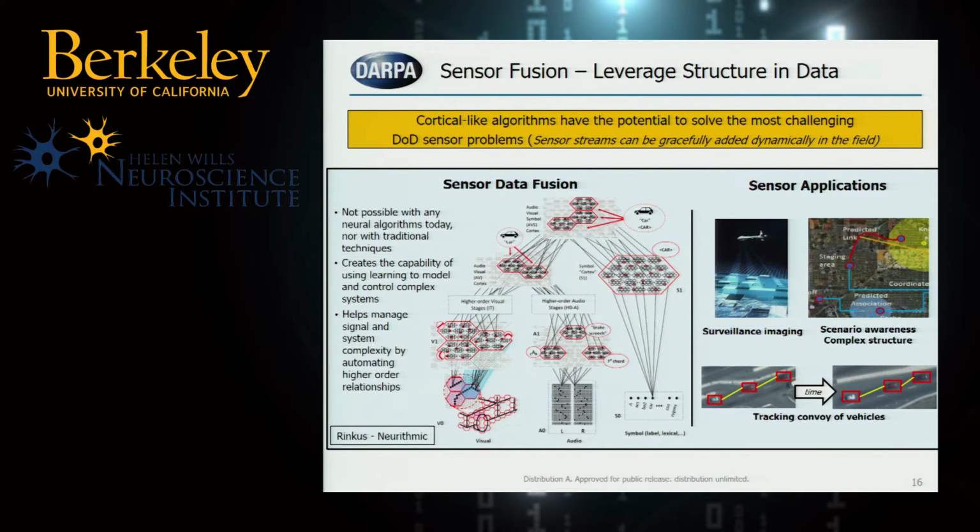It's drawn some tracks, and the notion there is that besides understanding the tracks, you start to see scenarios. You see tracks that coordinate with each other, tracks that are involved in larger scenarios, and the ability to recognize those is beyond our capability today, but it's the kind of thing that we'd like to see the cortical processor be able to do.